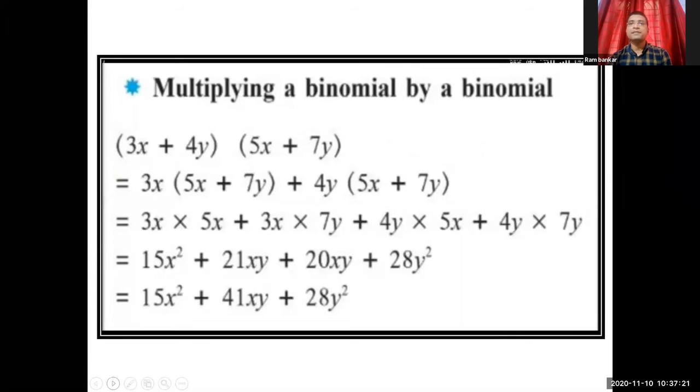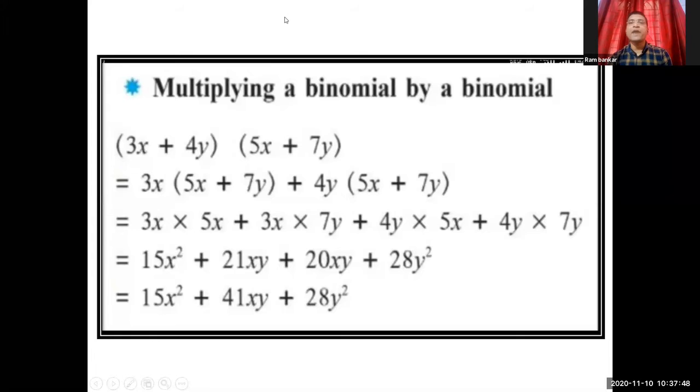Look at the next slide. Multiplying a binomial by a binomial. We understood monomial into monomial, binomial into monomial, and the next step is binomial into binomial. It means both the expressions have binomials. The first expression is 3x plus 4y, bracket close.